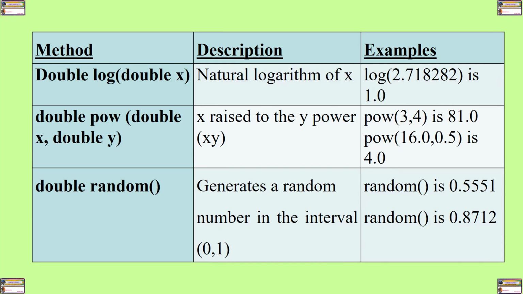And you can see this method will return a value which is of type double. Therefore, if, for example, we pass 2.718282 to the method called log, then the value that is going to be returned is 1.0, which is of type double.